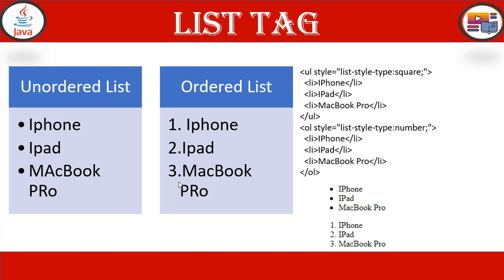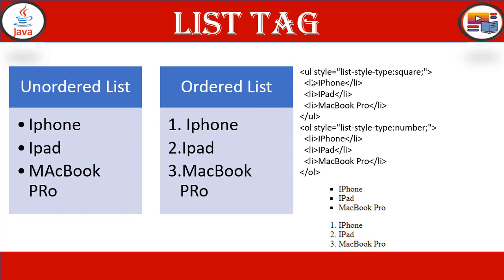Ordered list is the numbered list or any organized list like an alphabet list, which you can see in your MS Word document or any kind of PPT document. There you can have all these choices provided in HTML using unordered list and ordered list.